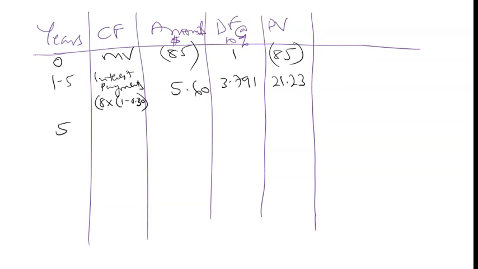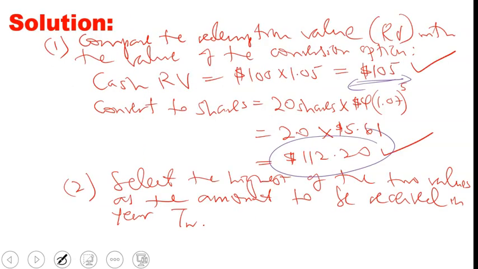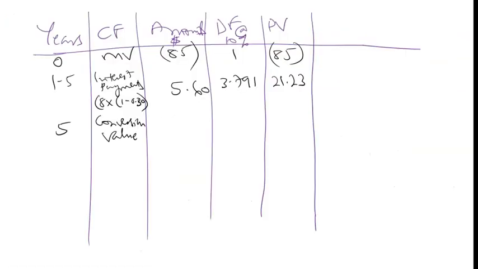And then in year 5, we have to discount the redemption value, but in this case, it is the conversion value, because we have chosen the conversion value. And these are going to be converted at 112.20. All right, and the discount factor there is 0.621, and we get 69.68. That is 112.2 multiplied by 0.621.